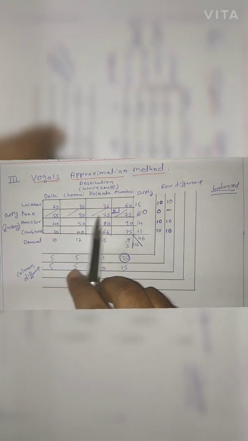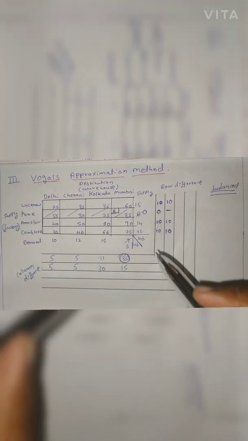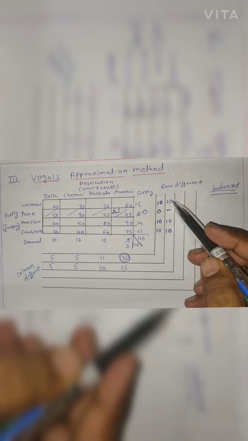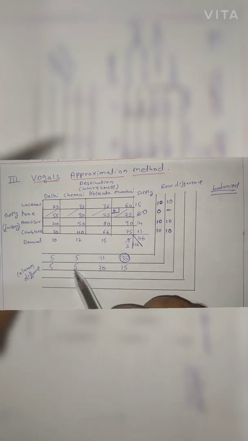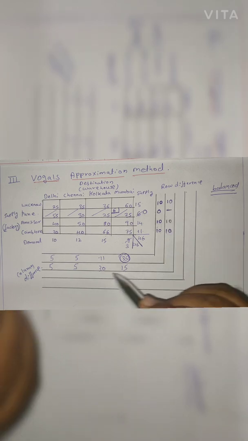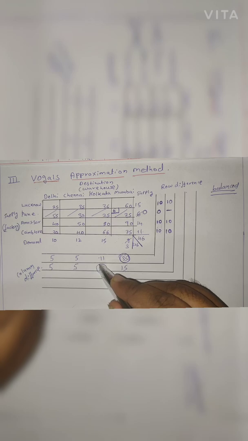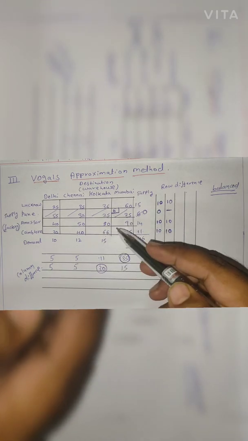Always remember, whichever row is eliminated, that value we should not consider. Now we got all the values. Here you got 3 tens, here you got 15, 30, 5, 5. Which is the highest value over here in all these values? 30 is highest. So we'll circle that, and now we'll see the corresponding column.